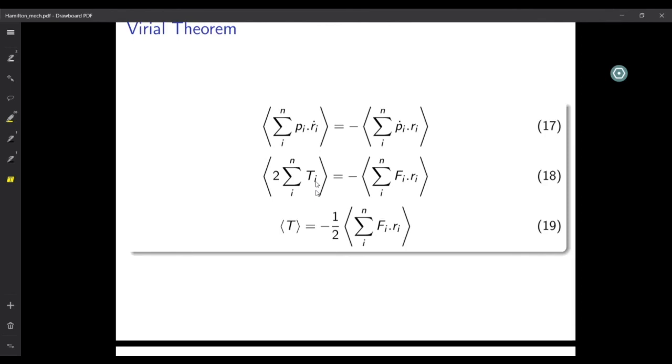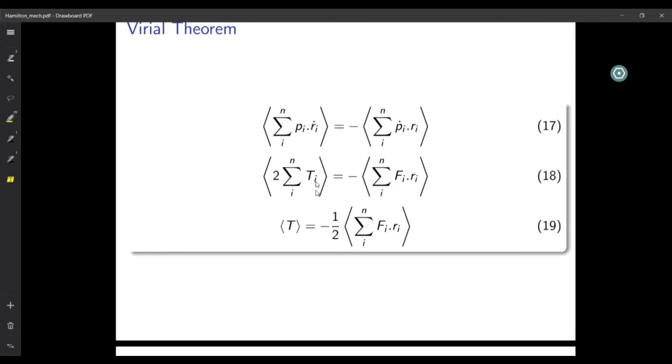And on the right hand side, the p_i dot is essentially just the force on that system, right? So then we just substitute F_i into that. We take the 2 to the other side, and we get that the average kinetic energy of a system is equal to negative 1 by 2 summation over i of F_i dot r_i, right?